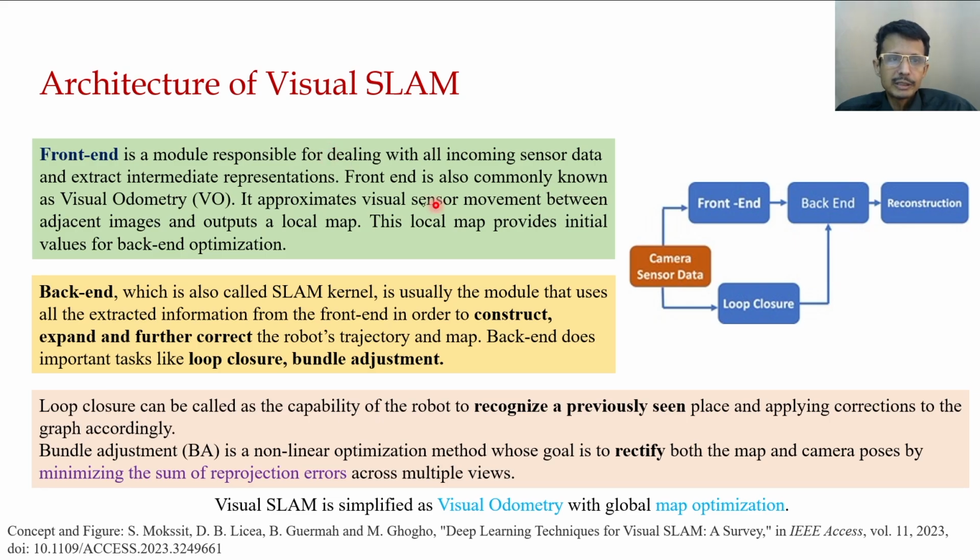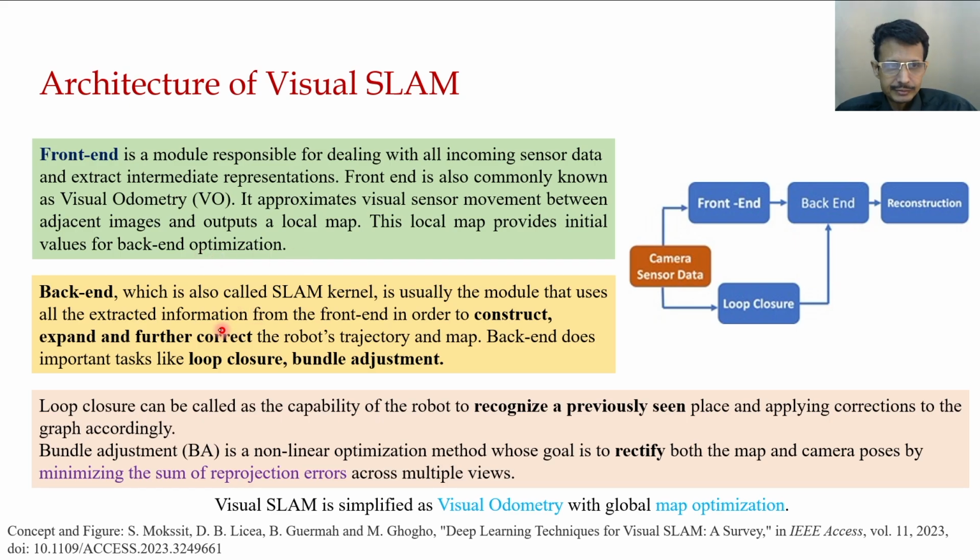The front end is also commonly known as visual odometry. This is slightly different, but it approximates visual sensor movement between adjacent images and outputs a local map. This local map provides initial values for the backend application.